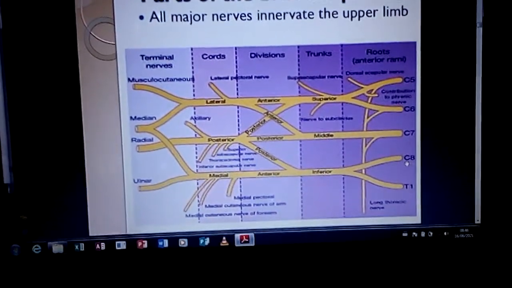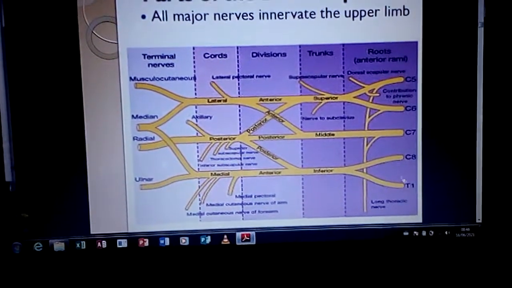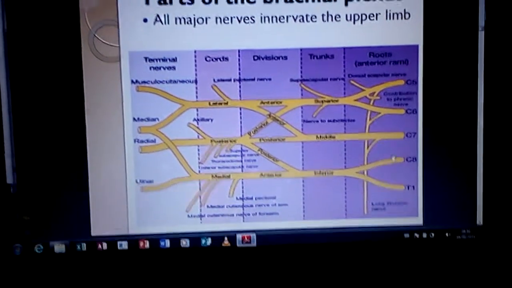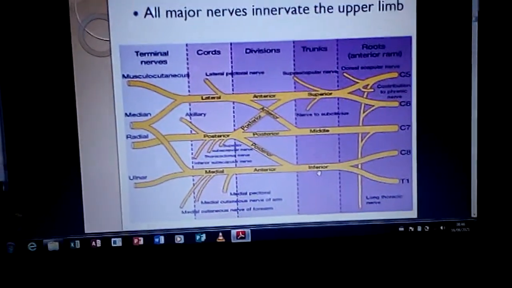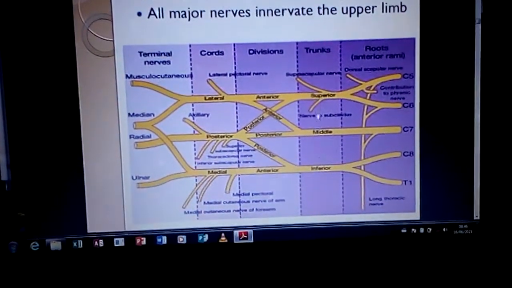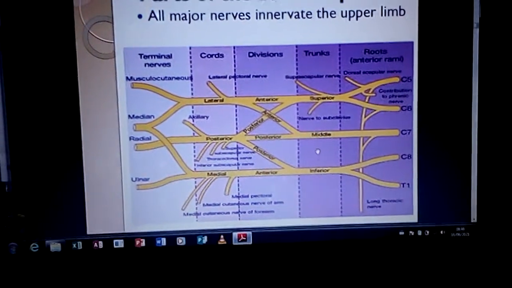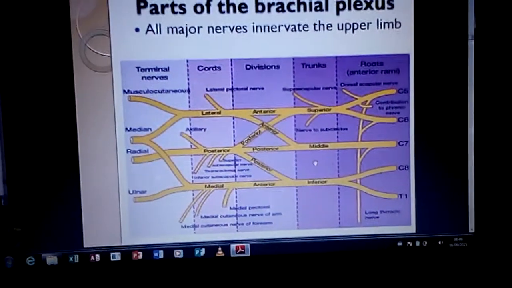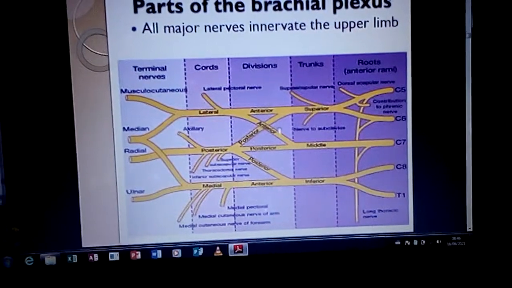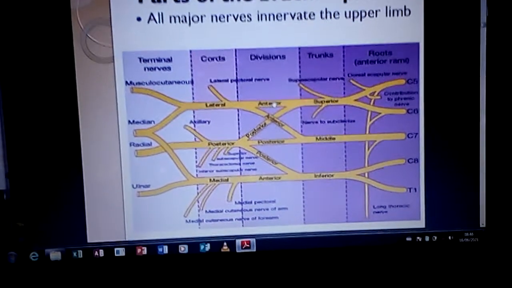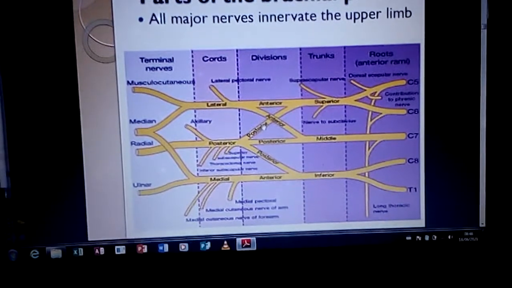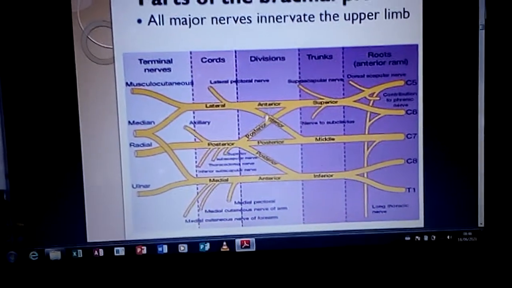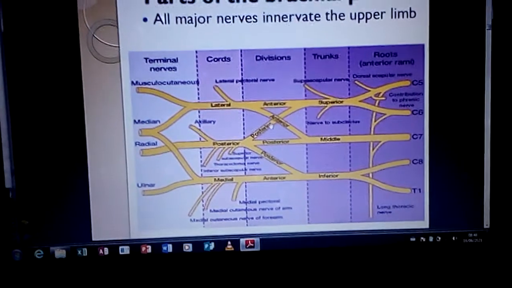Then we've got the C8 and the T1. These two will combine to form the inferior trunk. Then these 3 trunks will further divide into 2: the anterior and the posterior divisions.